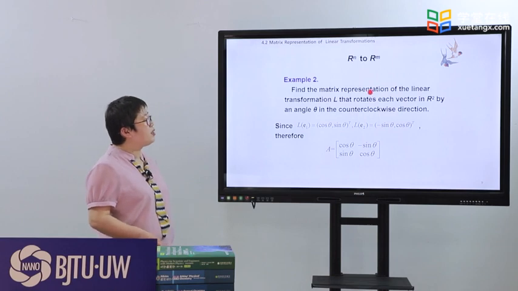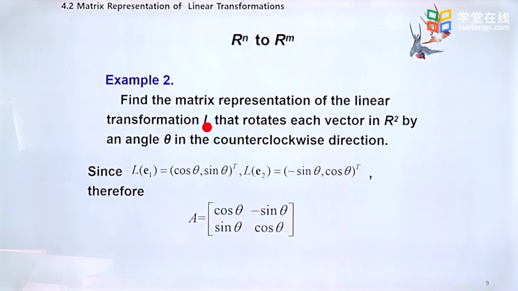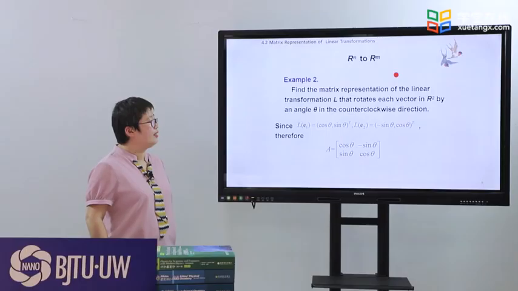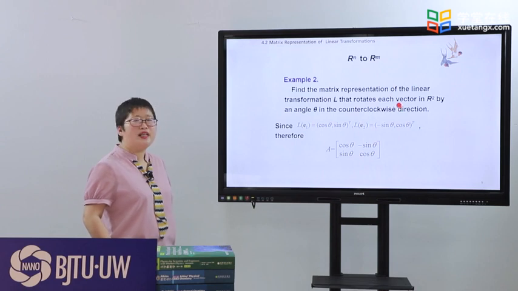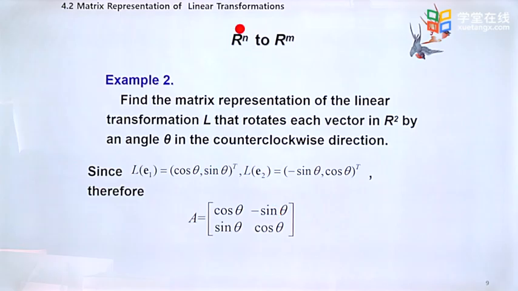Find the matrix representation of the linear transformation L that rotates each vector in R2 by an angle theta in the counterclockwise direction. Given any vector, if you rotate it counterclockwise by an angle theta, you can first consider L applied to e1. You will get the vector cosine theta, sin theta.